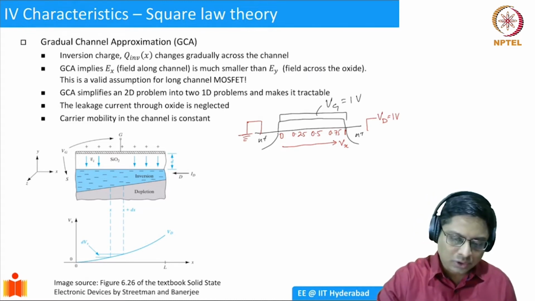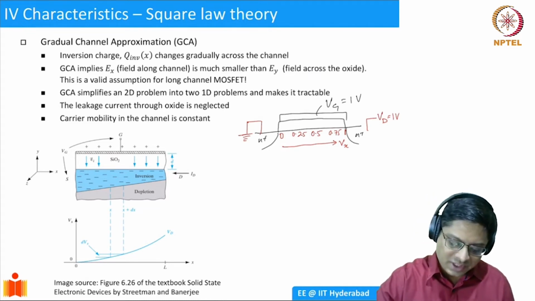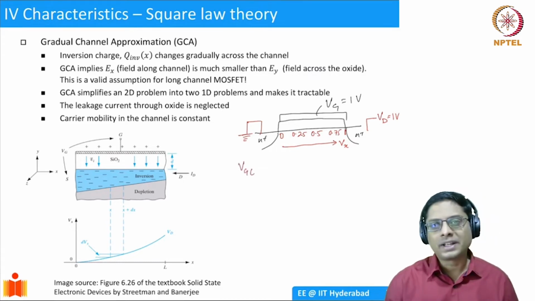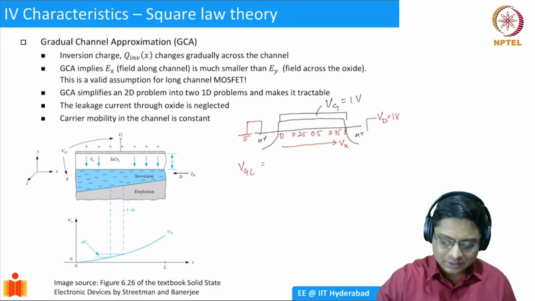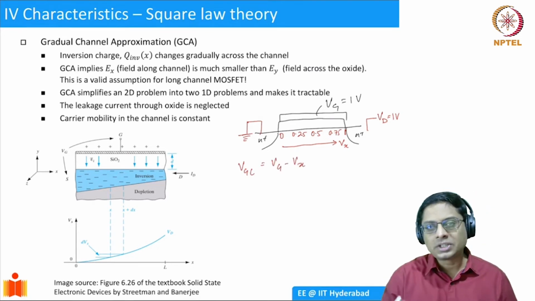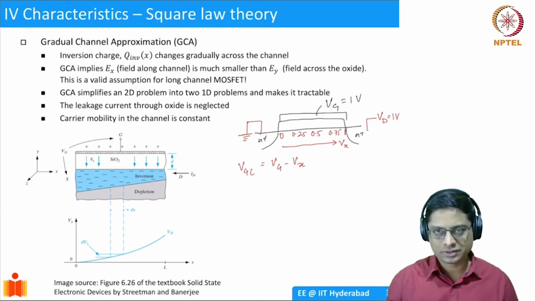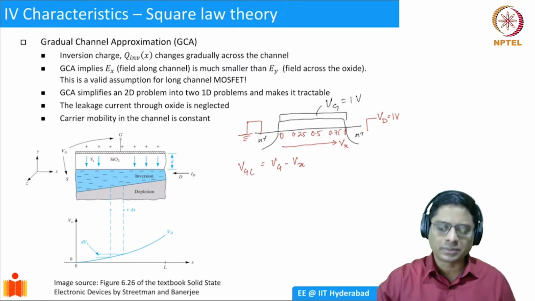So we have to talk of what we can call VGC. VGC means I'm taking the voltage at the gate minus Vx. At each point on the channel I have a different voltage, because it's just behaving like a resistor. There is some amount of resistance there, it might be large, it might be small.